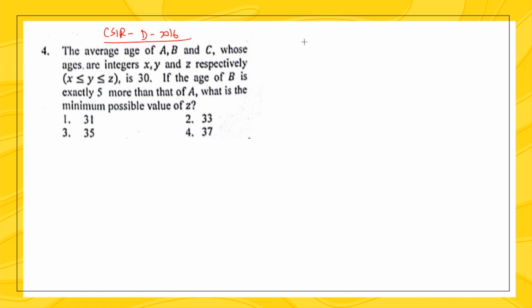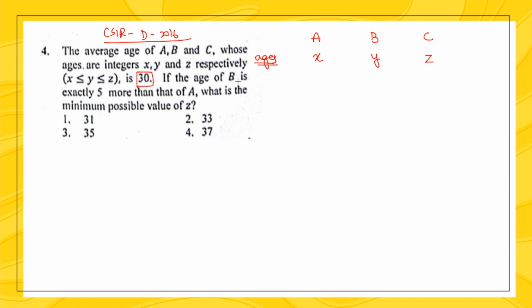Okay, so using that we will do. Let's say we have A, B and C. These are 3 people. So the ages are represented by x, y and z. Age of A is x, age of B is y, age of C is z, and their average is 30. So let's leave that part, we'll use that later.